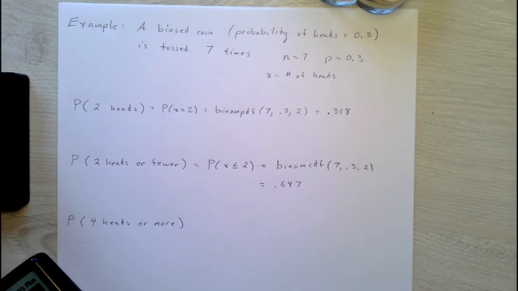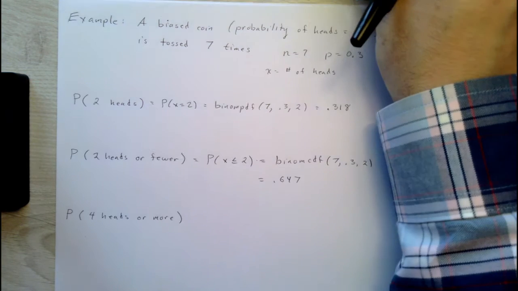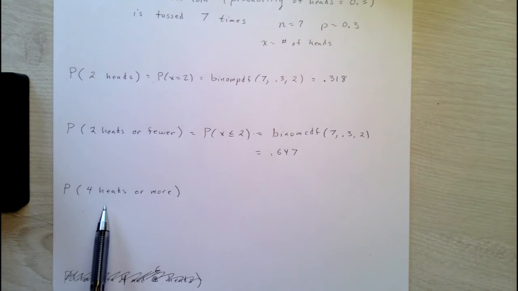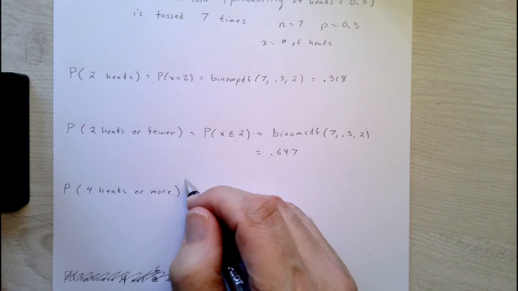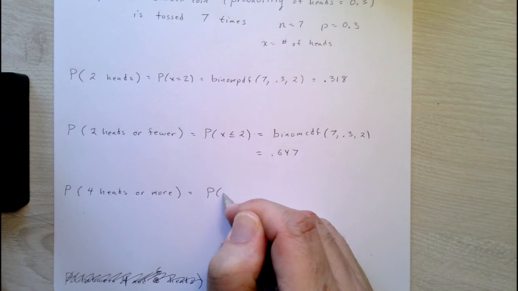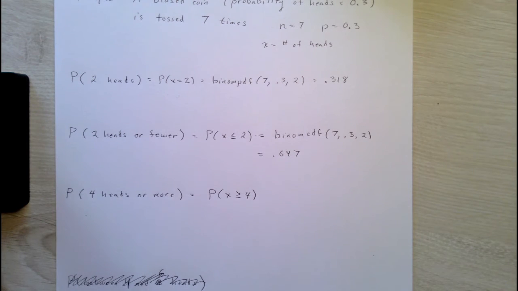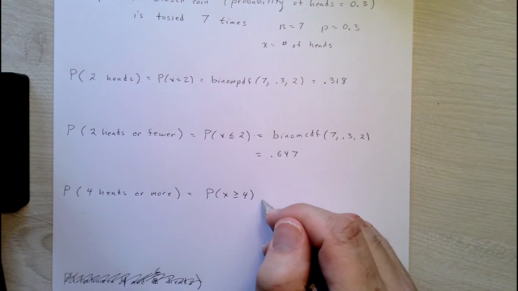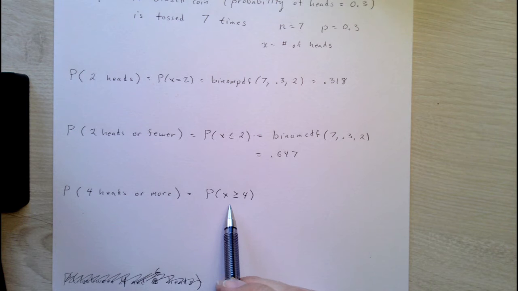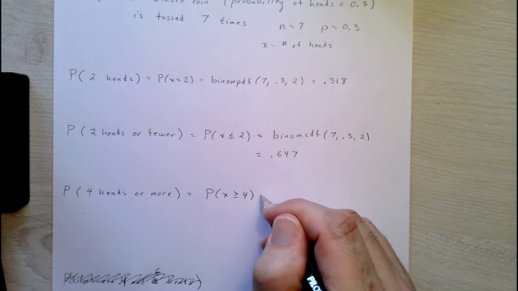Now, what happens if we wanted to find the probability of 4 heads or more? Well, this is the probability that x is greater than or equal to 4. We don't have a special command for this, but what we can do is rewrite this using complements.